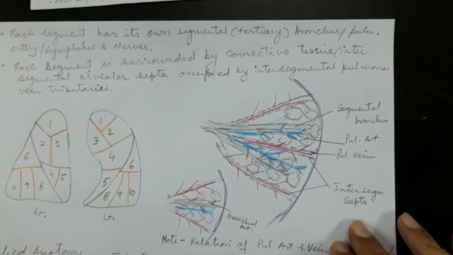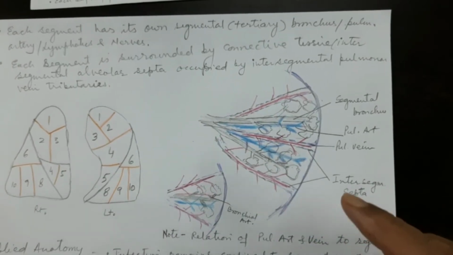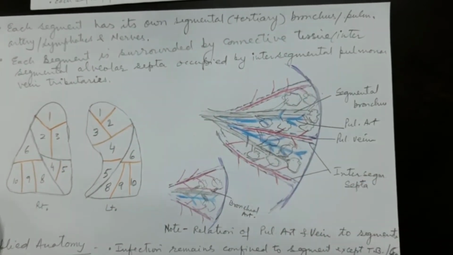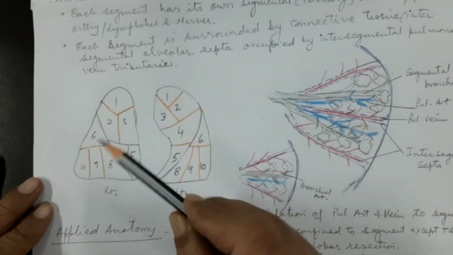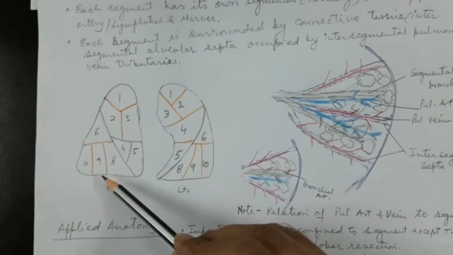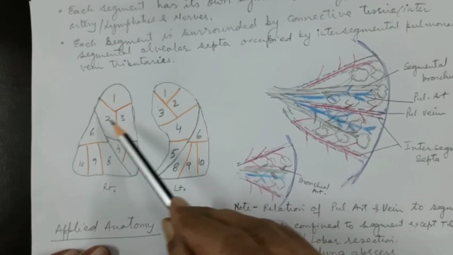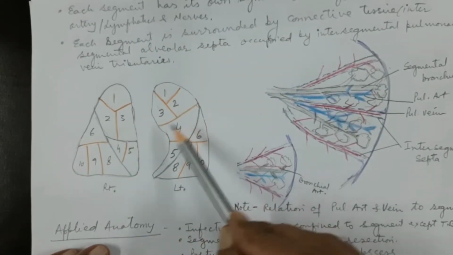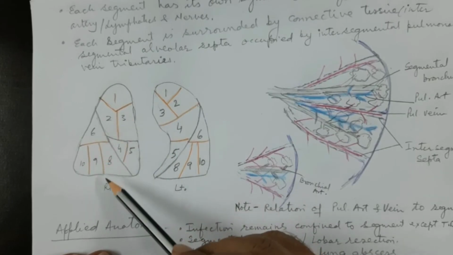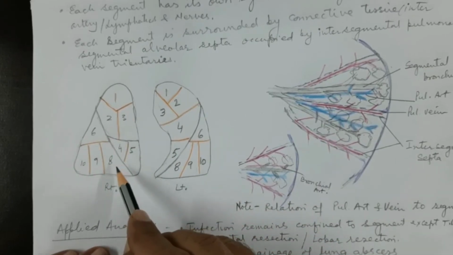So this completes the definition and description of the bronchopulmonary segment. You can see here the different segments on the costal surface, and these are the 10 segments. 7th is not seen.